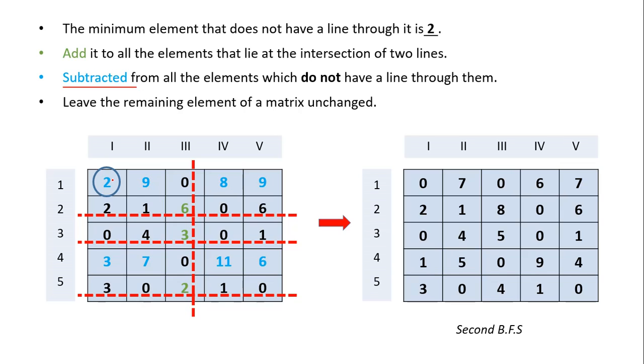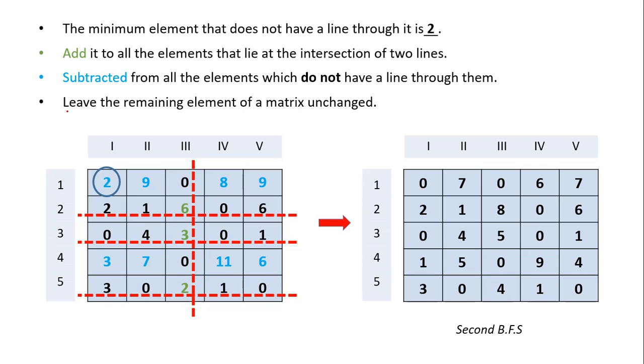So when you subtract this, 2 minus 2 becomes 0, 9 minus 2 becomes 7, 8 minus 2 becomes 6, and so on. So you can see all the values are updated. 3 minus 2 becomes 1, 7 minus 2 becomes 5, 11 minus 2 becomes 9, and 6 minus 2 becomes 4. So you have all the updated values. Once we have this updated solution, let us call this the second basic feasible solution.